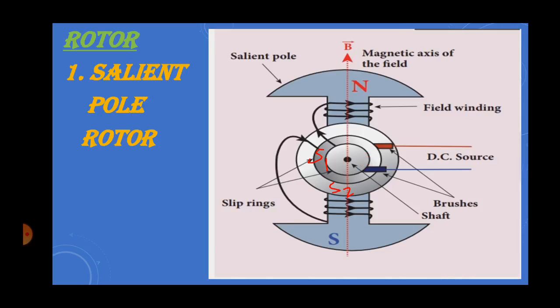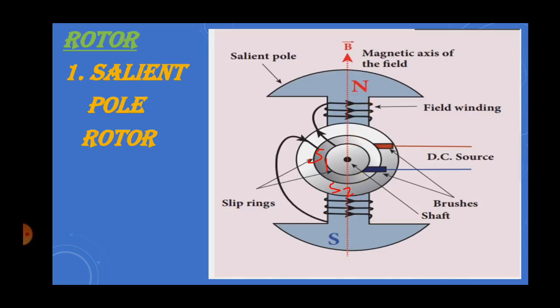So this is the salient pole rotor, a low voltage generator. This salient rotor has only two poles, the north pole and south pole.